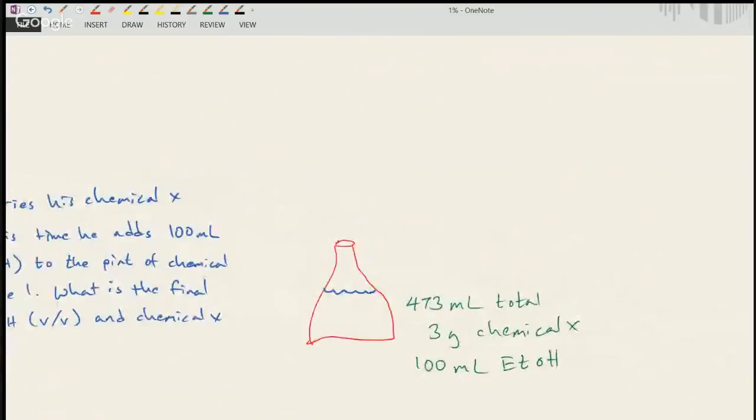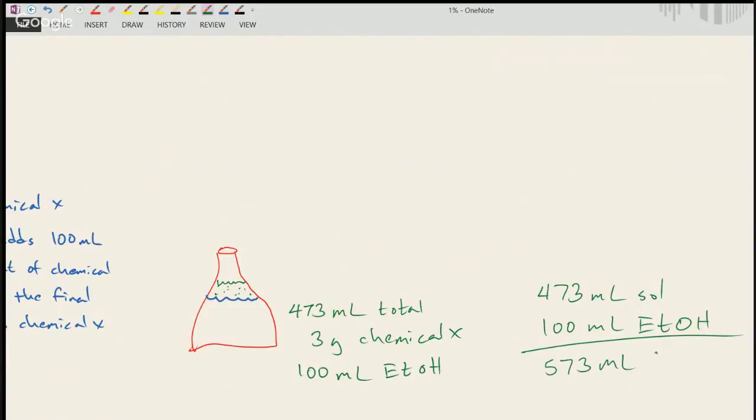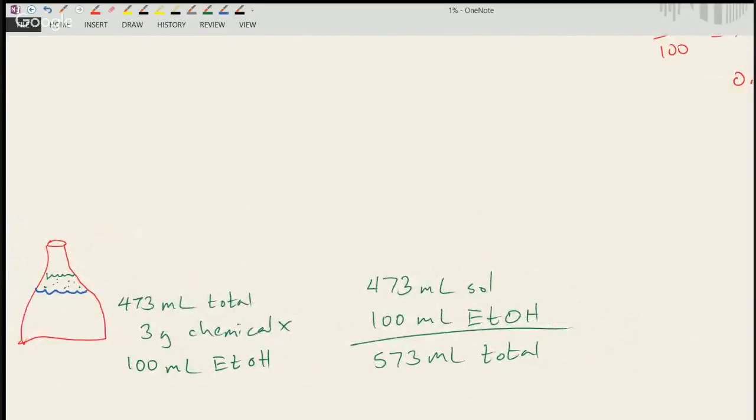Well, what's contributing to the final product? So we're going to add 100 mLs of ethyl alcohol, which means that we will have 473 mLs of solution to which we're adding 100 mLs of ethyl alcohol to give us a total solution of 573 mLs of total solution, of which 100 mLs is being contributed to by the ethyl alcohol.